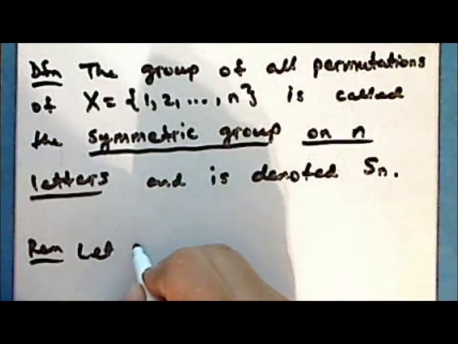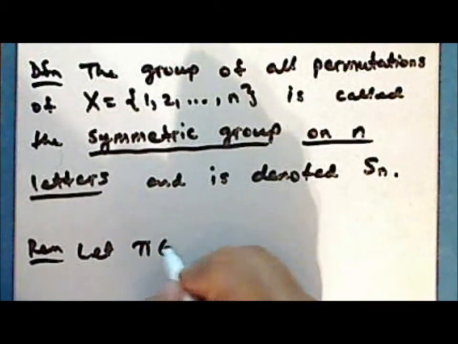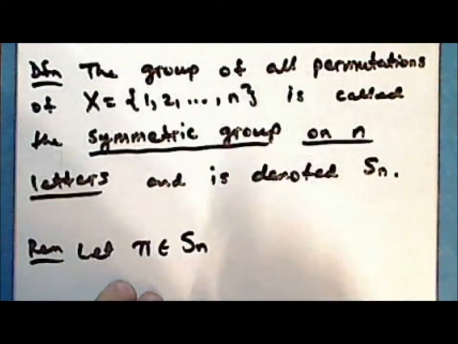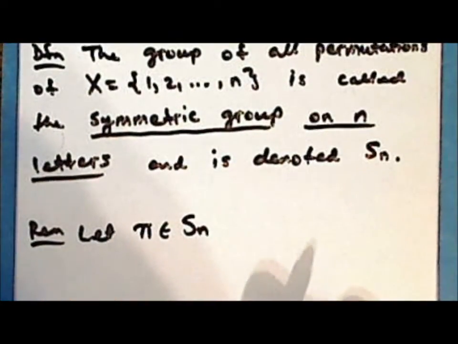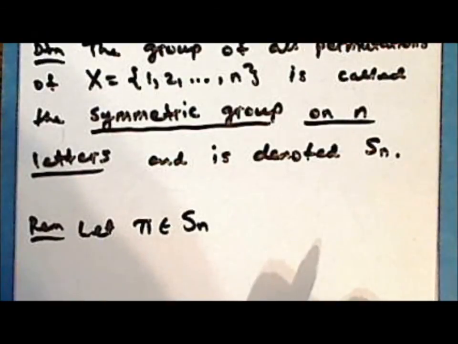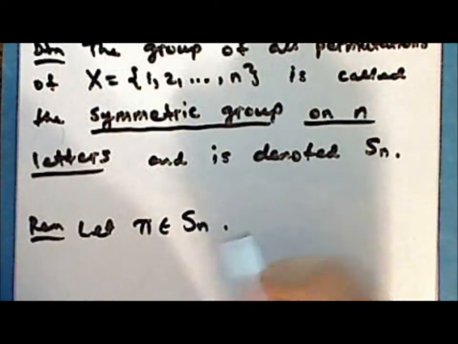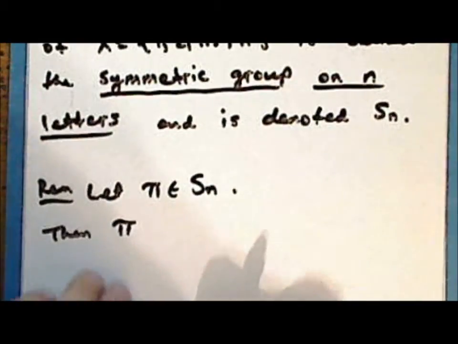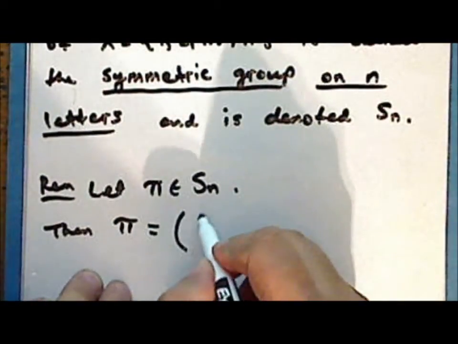Now let pi be a permutation in the set of all permutations on the consecutive integers from 1 to n. Then the element is represented this way.